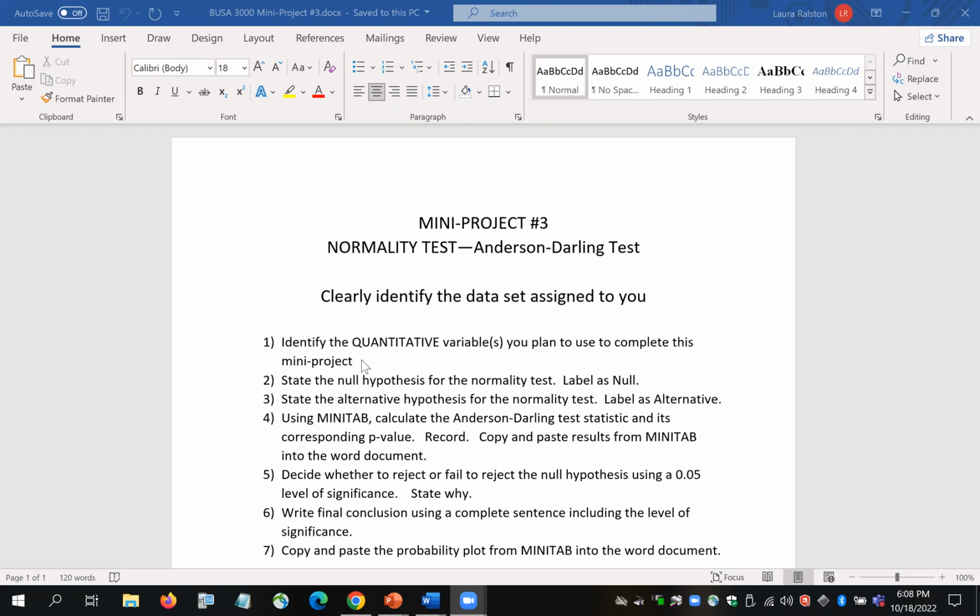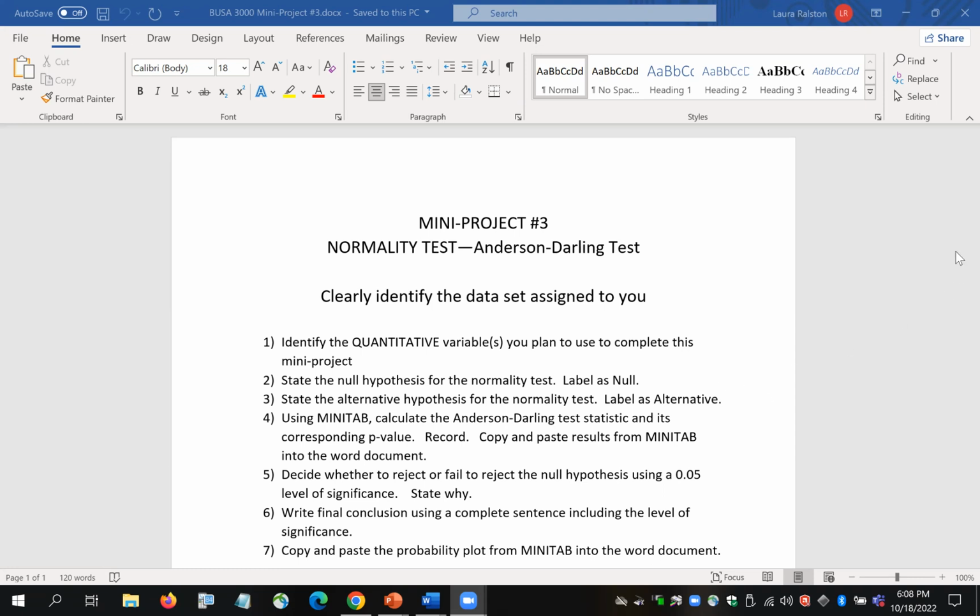Then in question 1, you have to identify a quantitative variable from the data set that you have identified in the header. Do you understand? Yes, okay. So for example, if I'm using a line, the quantity variable line, I have to state that element I'm using right there on question number one. Yes.